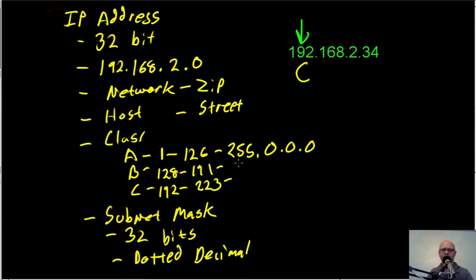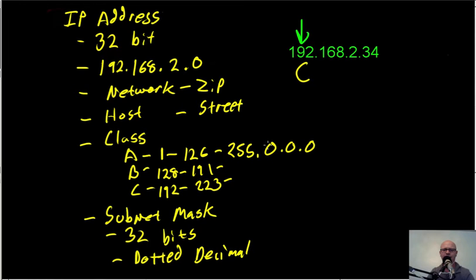Anyway, back to this IP address or subnet masking. Each class of IP address has a default subnet mask. Class A is 255.0.0.0.